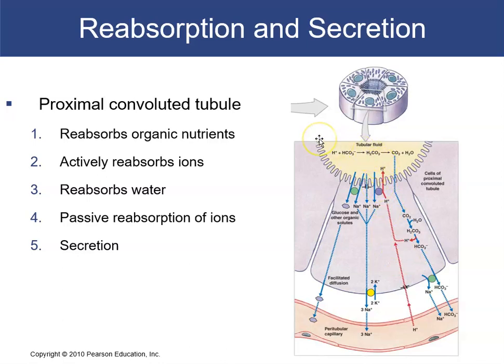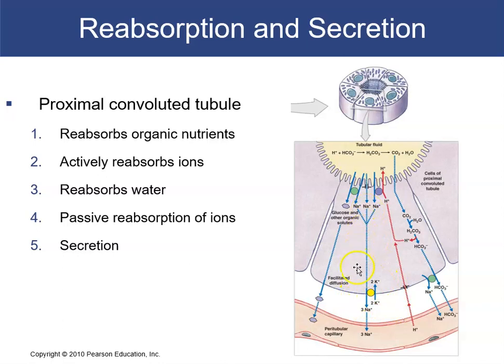All right, so what can happen in the proximal convoluted tubule? We are going to reabsorb organic materials. This is where glucose, amino acids, any of these types of materials are going to be reabsorbed and put back into the blood. We also actively reabsorb various ions. Actively, okay, ATP, here's that sodium-potassium pump.